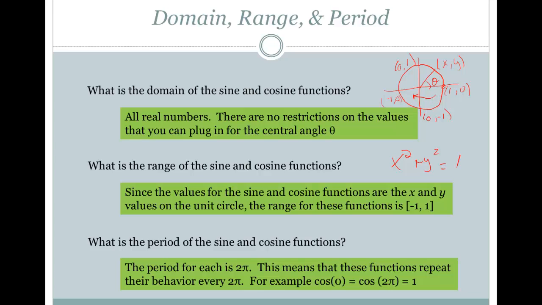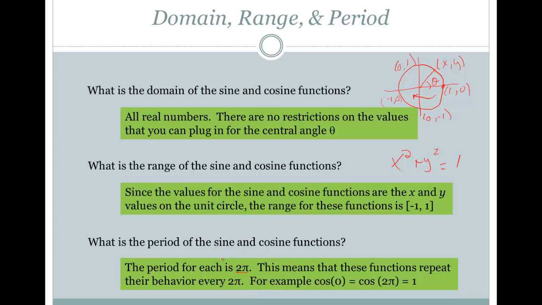Then when I go from 2 pi to 4 pi, I'm just repeating myself, and from 4 pi to 6 pi, I'm repeating myself again. The function is just going to keep doing the same thing over and over again. It's going to go through one complete cycle every 2 pi for both the sine and the cosine. We say that that is the period for these two functions.